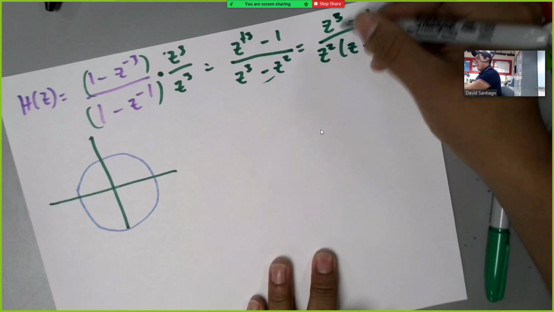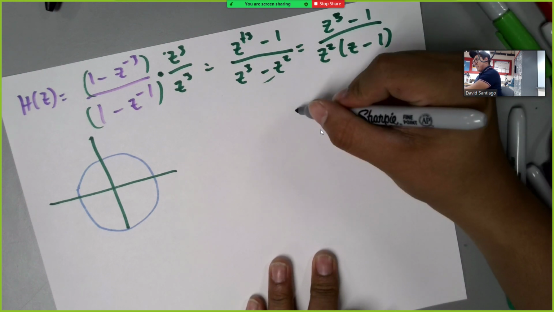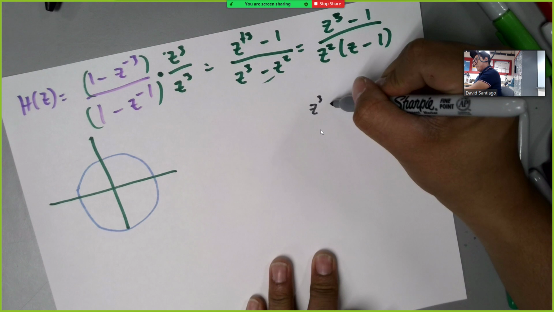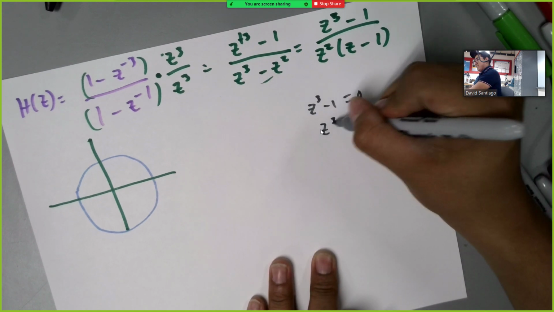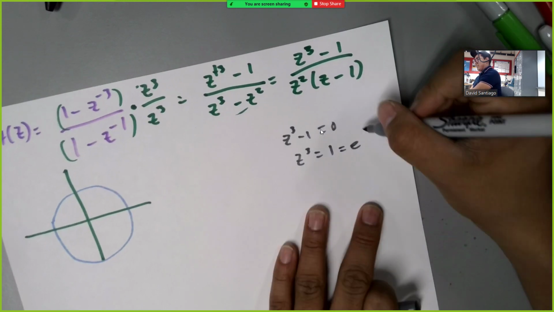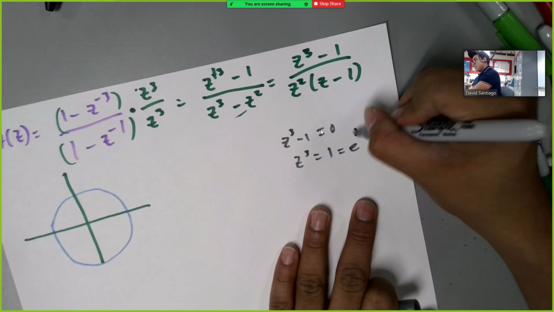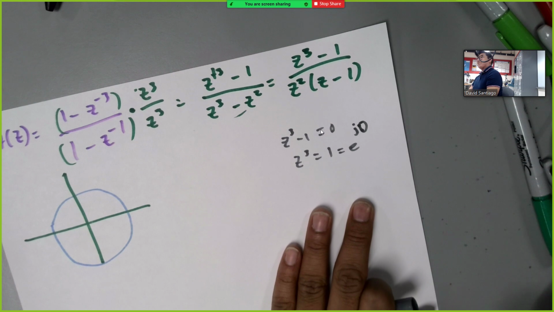How do you find the zeros of this function? z^3 minus 1 is equal to 0, so z^3 is equal to 1, which is equal to e to the j0.